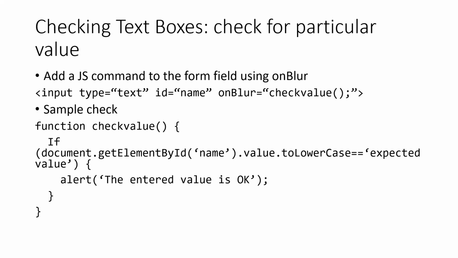The problem might be sometimes users might use different cases. So that's why we get the element with the name and the value. So we are getting the value from here, and then you convert it into lowercase, and then we will check it with the expected value. Right? So this is just to make sure that these two are the same.